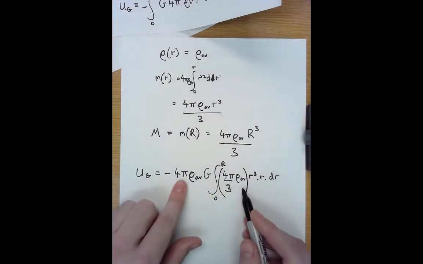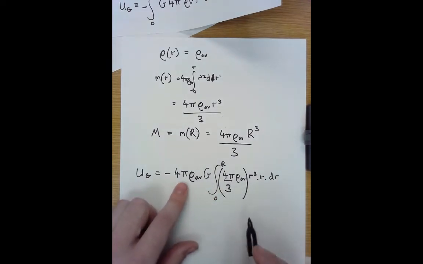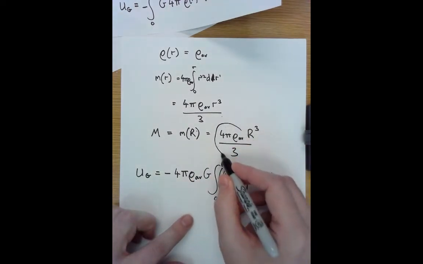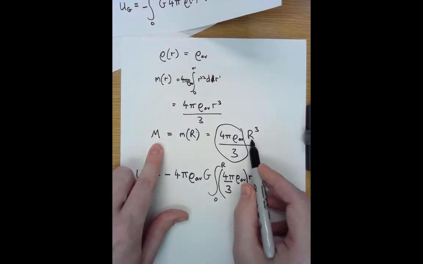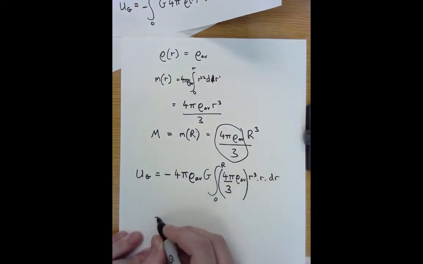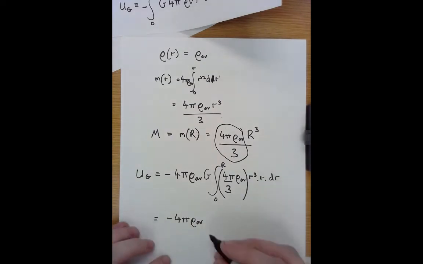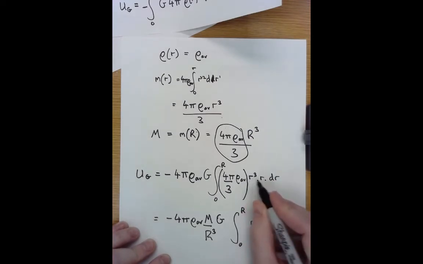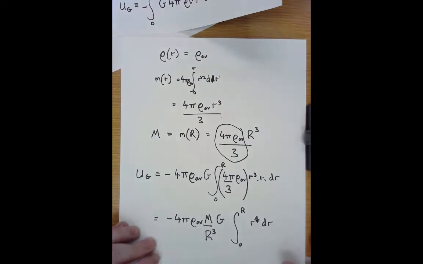If we pull these constants outside, we're going to start to get a messy collection of constants here. But this here is just the total mass of the star divided by the total radius of the star cubed. So we can replace this with big M over R cubed big G, and then we're left with the integral from 0 to R of little r to the 4, because we're multiplying r cubed by r dr.